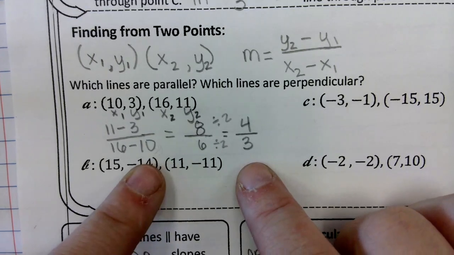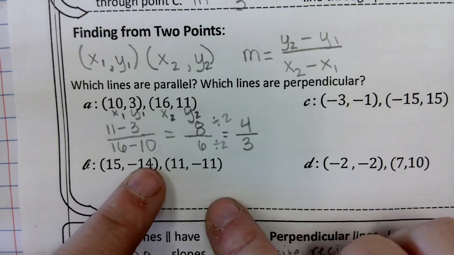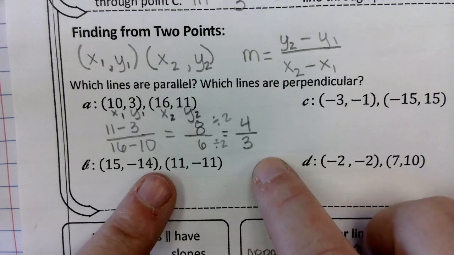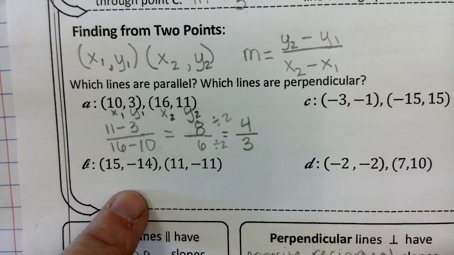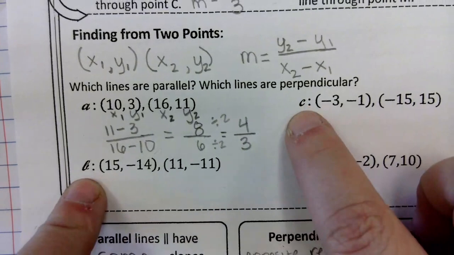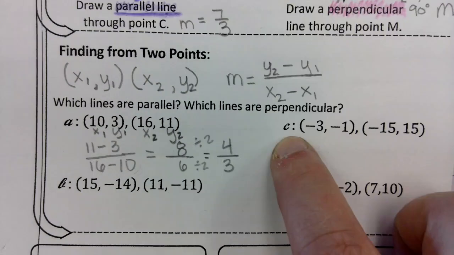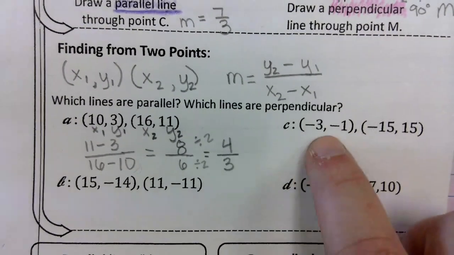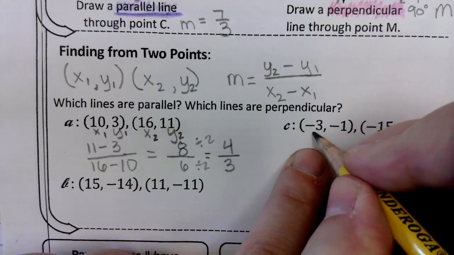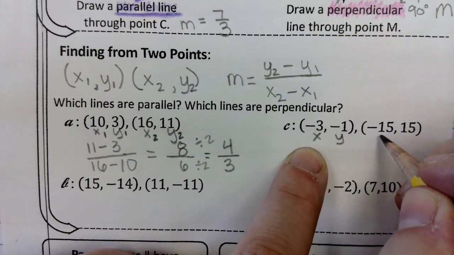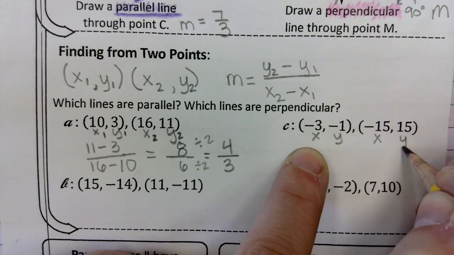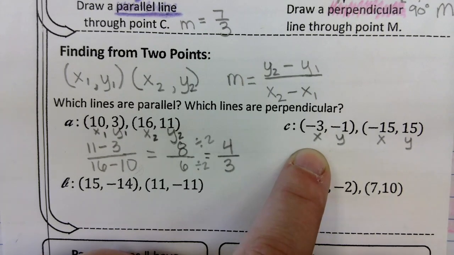So we're going to move on to a different line and see how that compares to 4/3. Do you guys want to go to B, C, or D? Yeah, I would go to C. For some reason I would have put B. I don't know why I did C there, but I did. Alright, so over here again I'm going to label X, Y, X, Y. Then I put in those numbers, 1 and 1, 2 and 2.